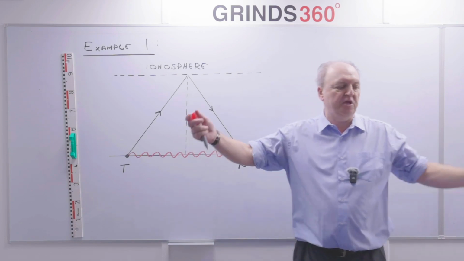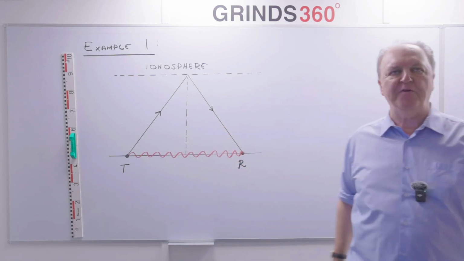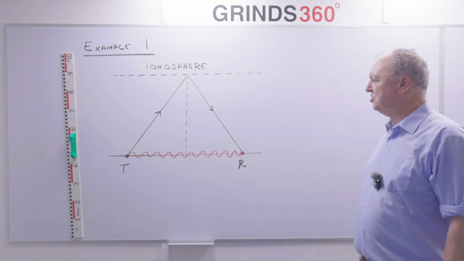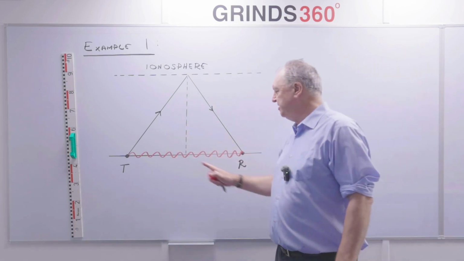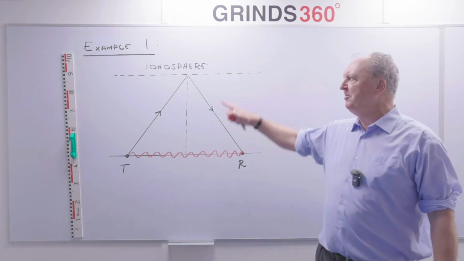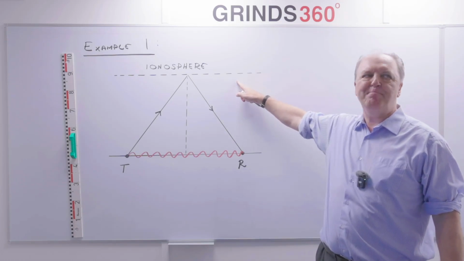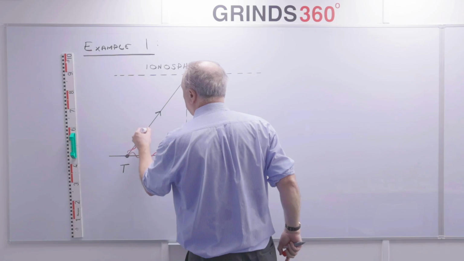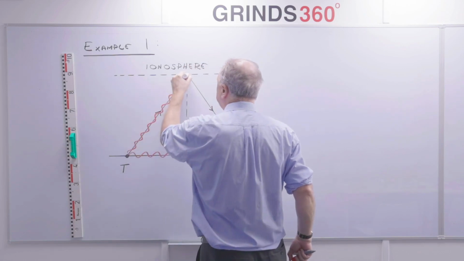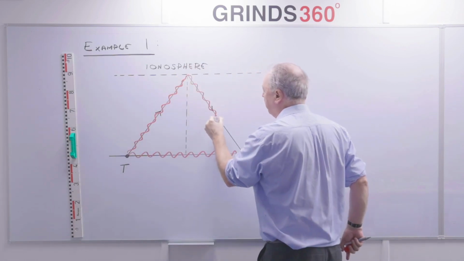The receiver would be you, for example, with your mobile phone or your radio or television, whatever you're using. There's another way they can get from T to O, and that's by bouncing off the ionosphere, that mirror in the sky. So they can go up here, hit the mirror in the sky, and come back down again.